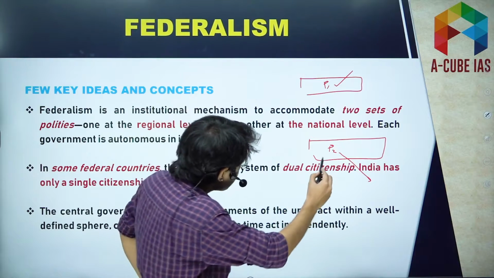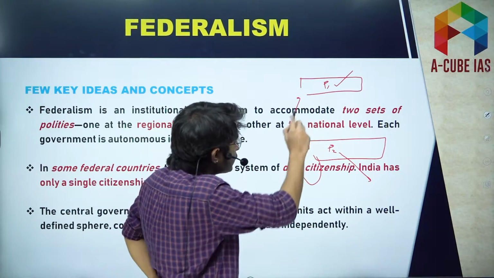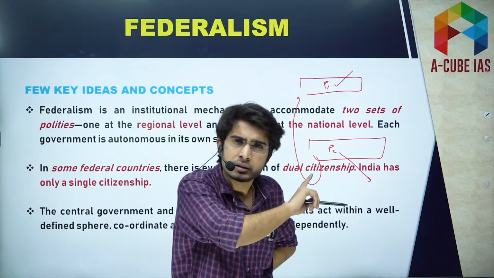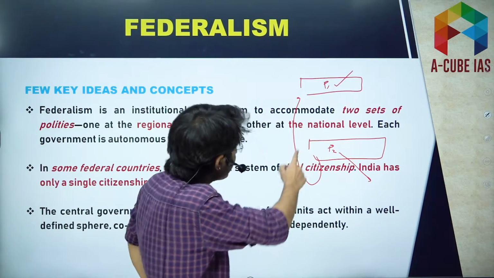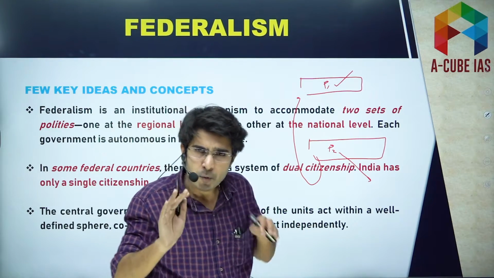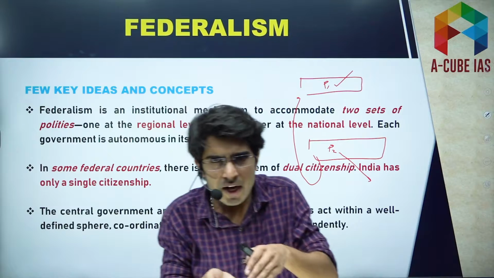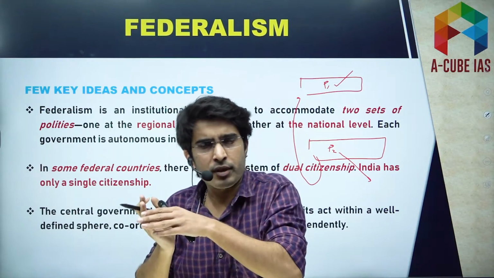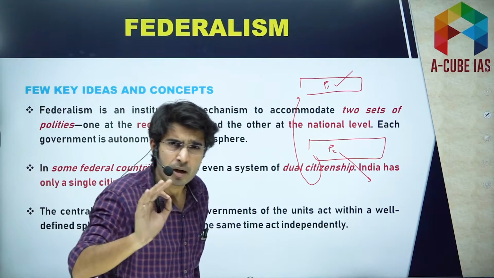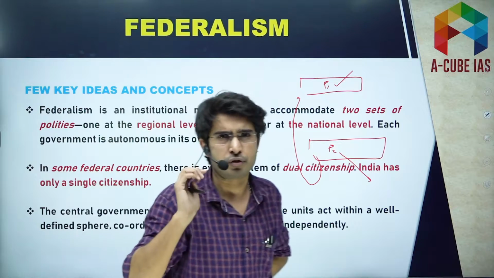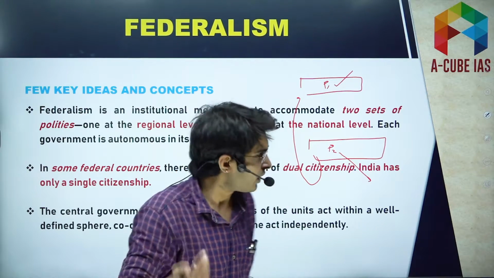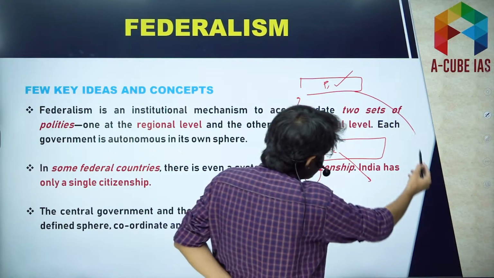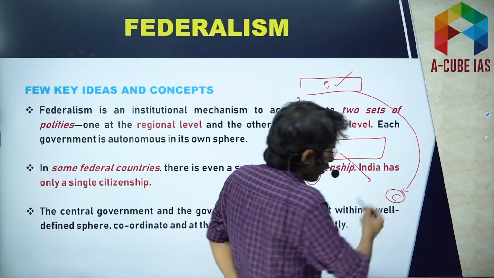The regional system is not dependent upon the central government. It is not dependent upon P1. You have to understand these are two independent political systems. Now they derive their power from a common source. What is this common source? This common source is the constitution.